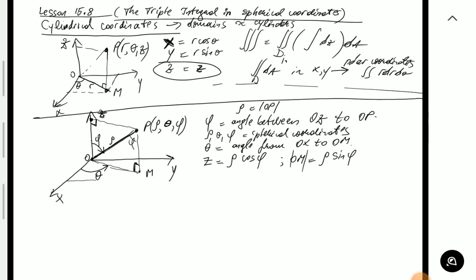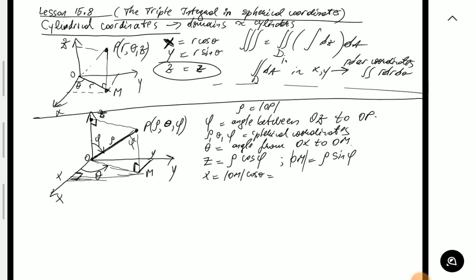What about the x and the y coordinates, which I forgot to actually sketch here? So that's the x coordinate, that's the y coordinate of the point. Well, in the right triangle that I formed here, the x coordinate is going to be adjacent to theta. So x is going to be the hypotenuse OM cosine of theta.